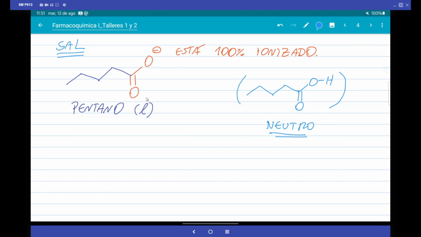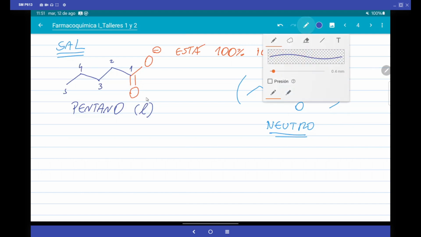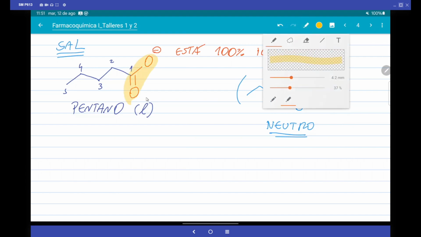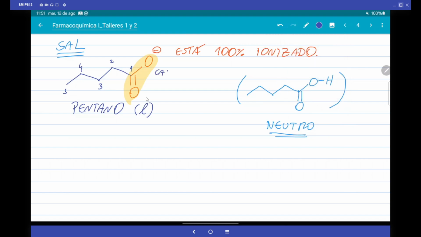What happens now? Already using this same structure that had 5 carbon atoms. Remember that one has a carbon atom, so it would be 2, 3, 4, 5. That group we said was called carboxylate.